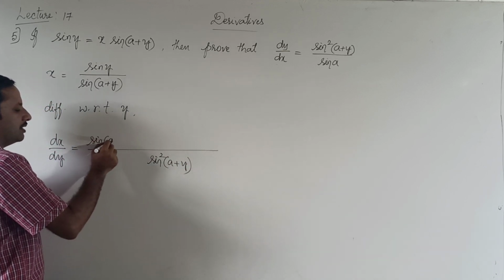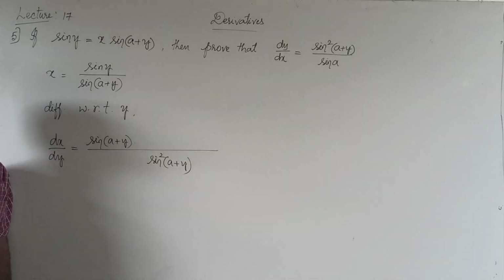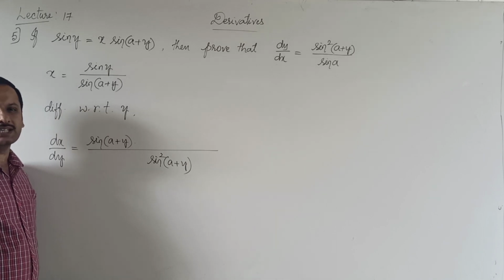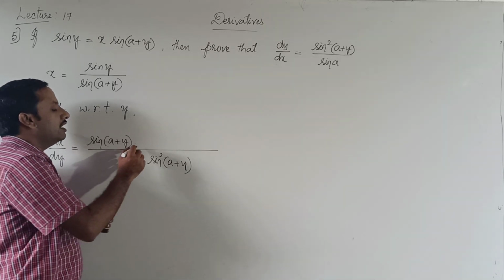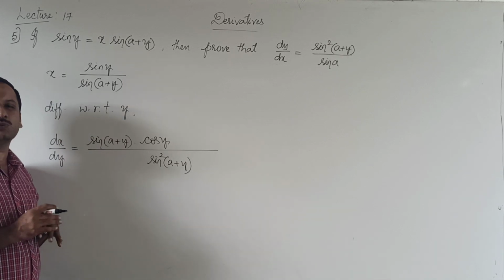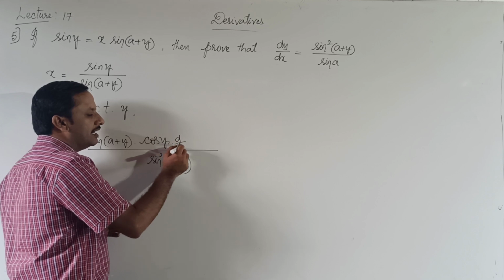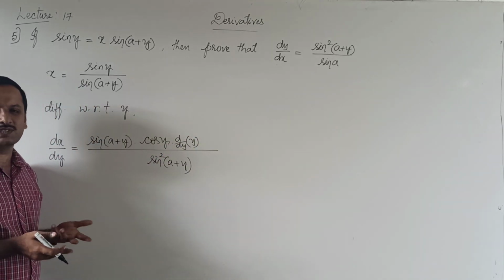Sin a plus y into the derivative of sin y. See, earlier I told you derivative of sin y is cos y into dy by dx. That is when you are differentiating it with respect to x. Now you are differentiating with respect to y. So the derivative of sin y will be cos y. That's all. If you want to write something else, then you should write d by dy of y. D by dy of y is 1 itself, right?